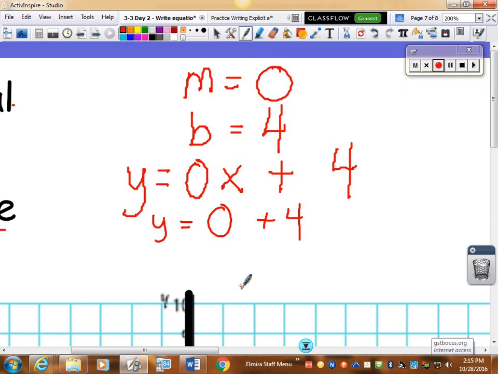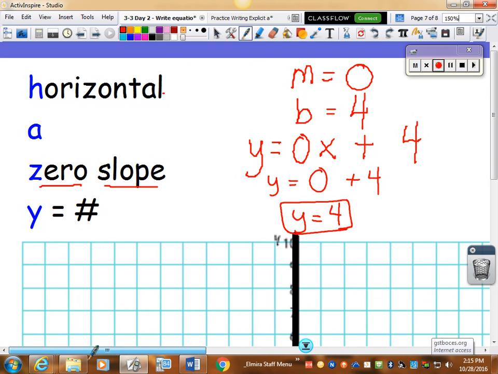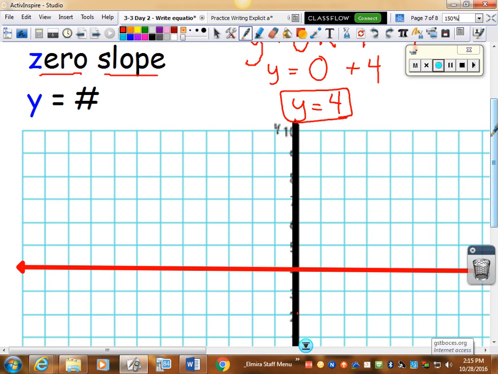Well, I can actually add that together, so this simplifies to y equals 4. And see how in hazy, the y of hazy is to remind you that the equation of a horizontal line is y equaling the number where it crosses. So I would label this line as y equals 4.